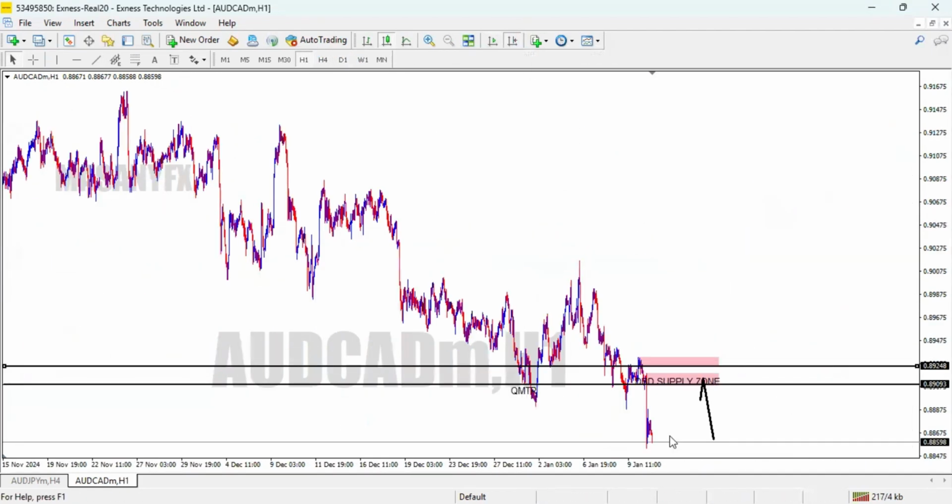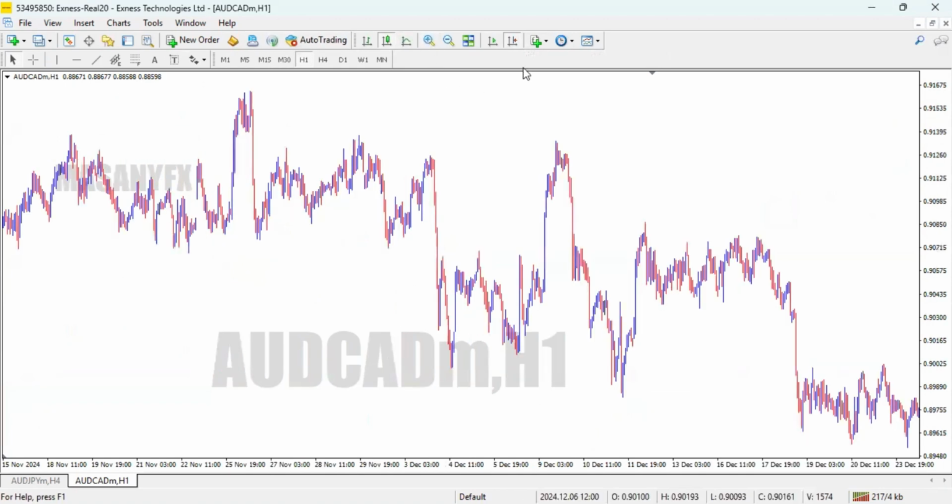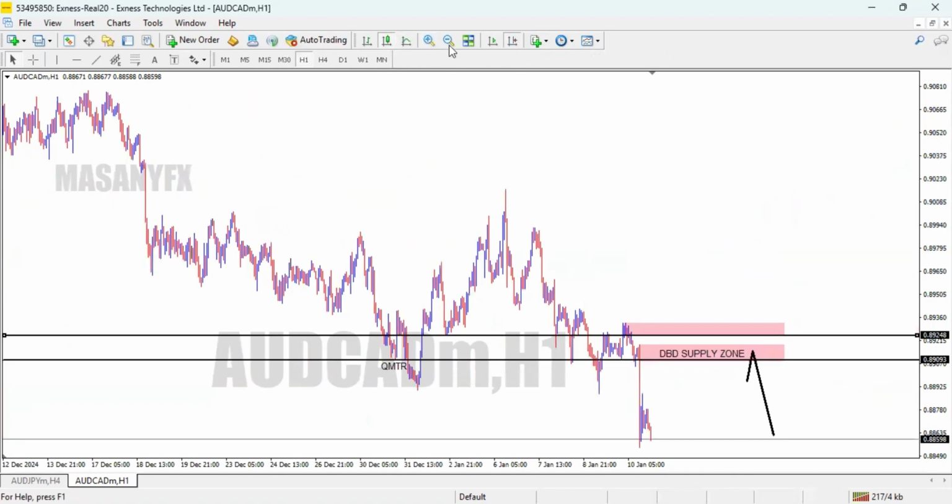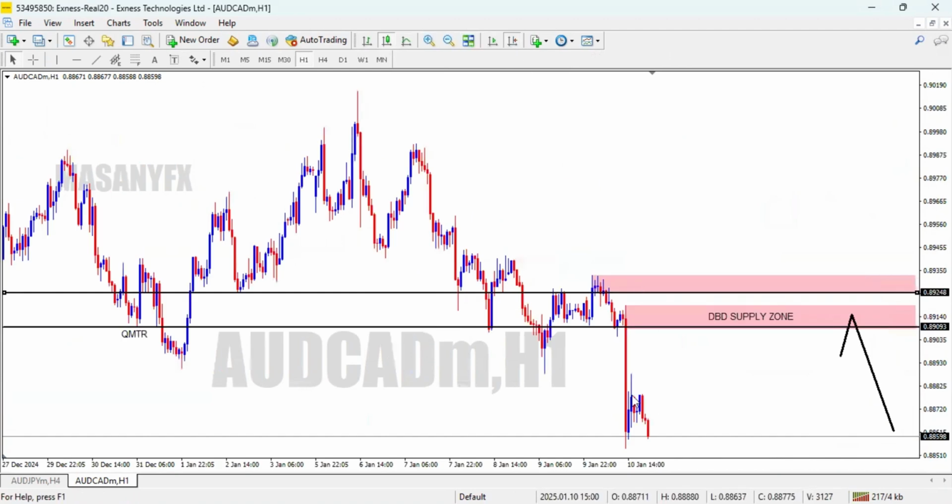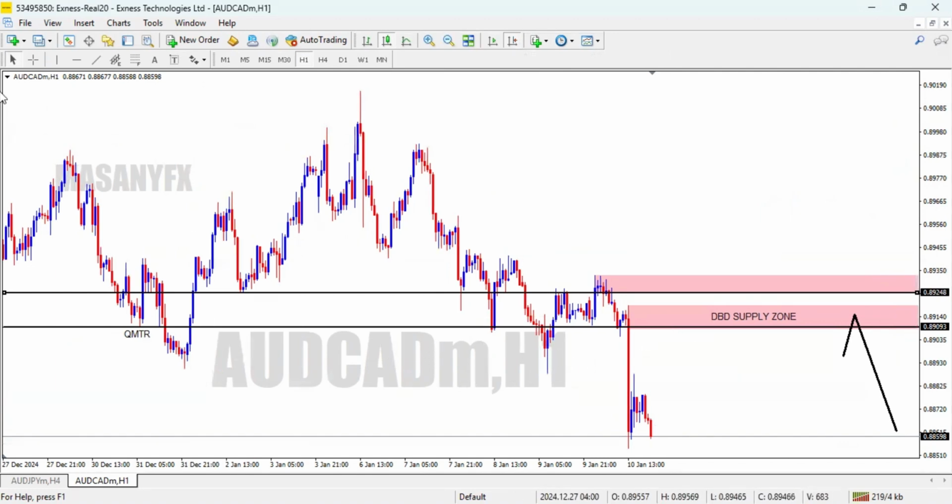As you can see, this was made by the NFP news release. This imbalance was caused by the NFP news. So next week from Monday, the price will start to balance itself, to fix this imbalance that you see here. Okay, let's move to another pair.